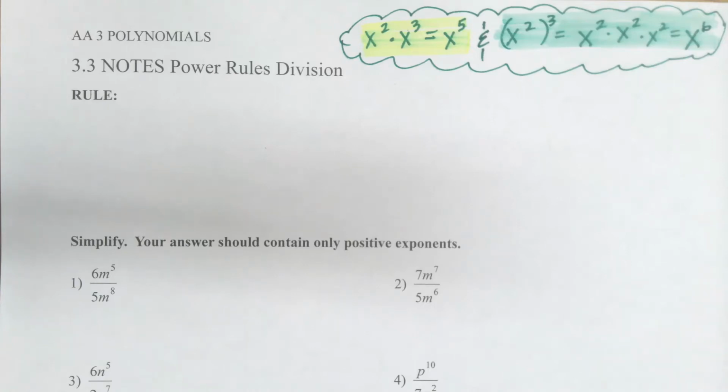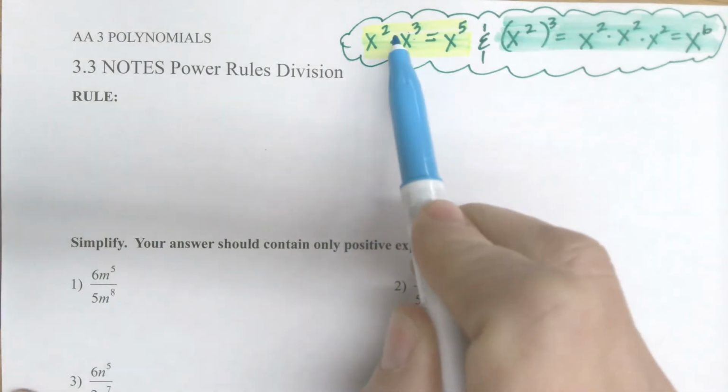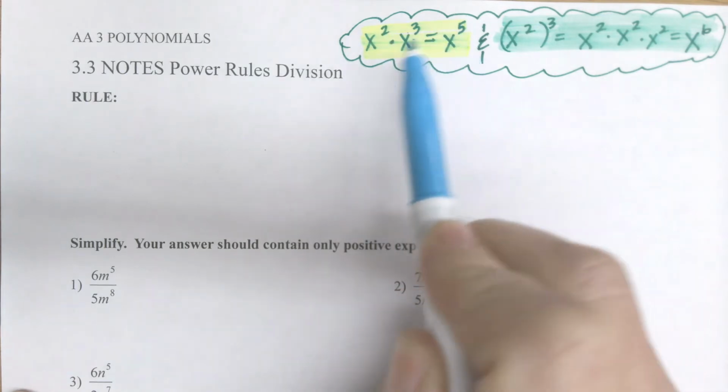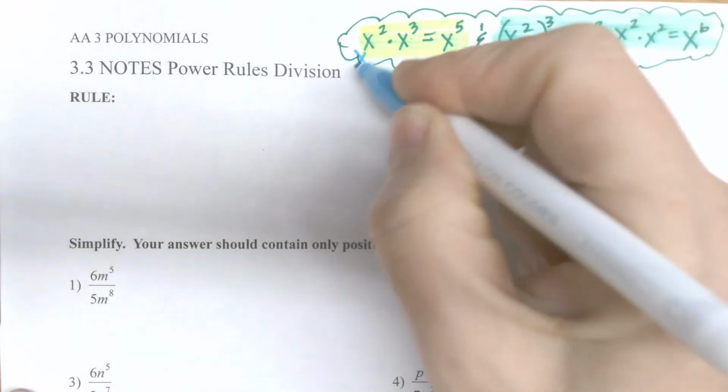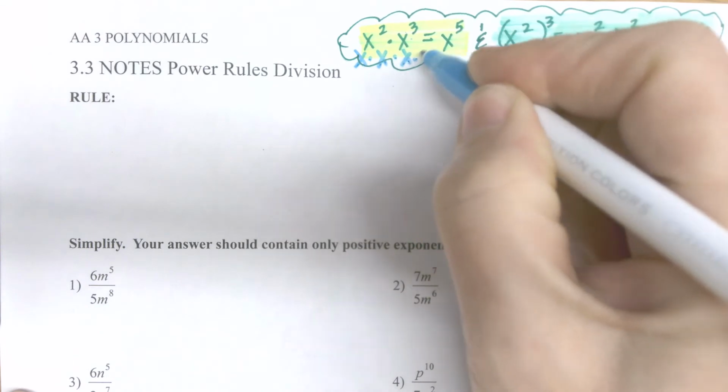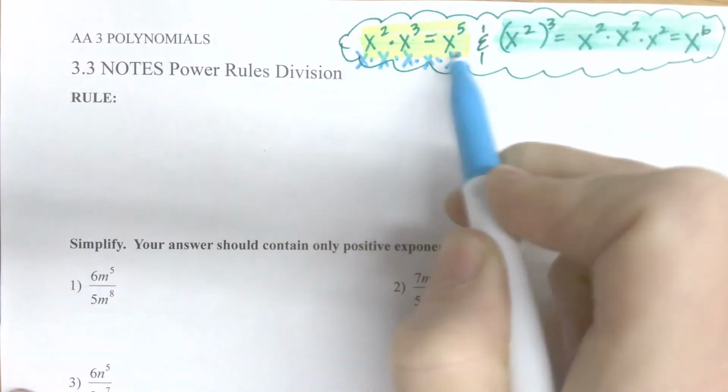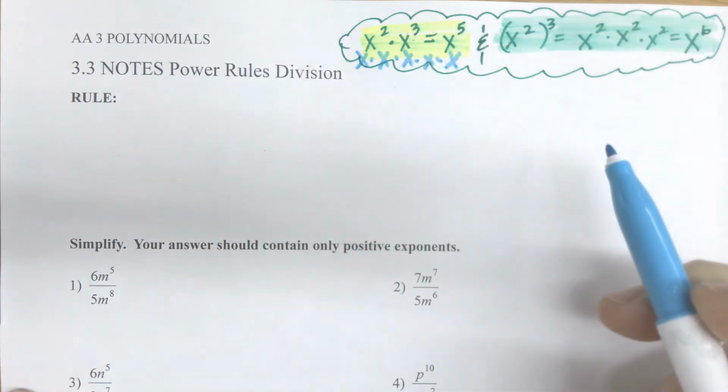Okay, so we did the power rules where if I multiply, I end up adding the powers, because this is like x times x times x times x times x, and so altogether I have 5 x's being multiplied.